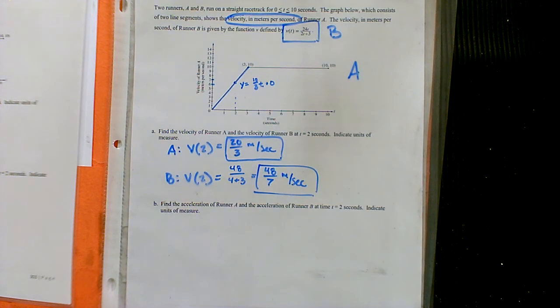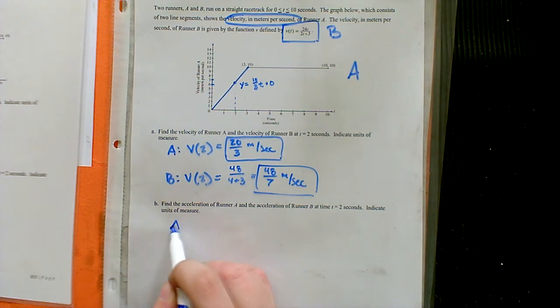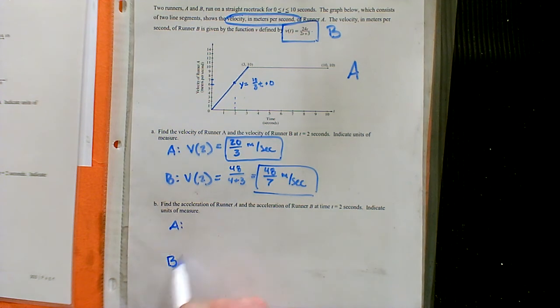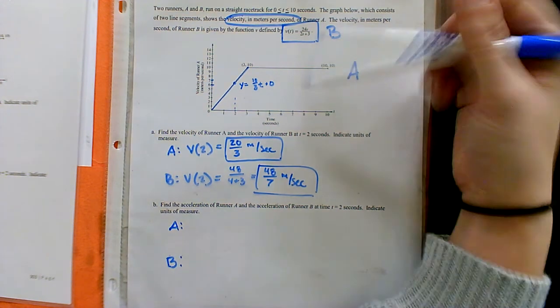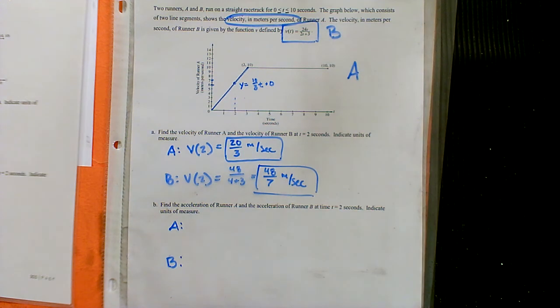All right, part B. Same type of question, but this time acceleration. Acceleration, runner A, acceleration, runner B at time 2. Now they give us velocity information, so we have to think about how can we use velocity to help us get acceleration values. How are velocity and acceleration related to each other? Slope of velocity is acceleration.